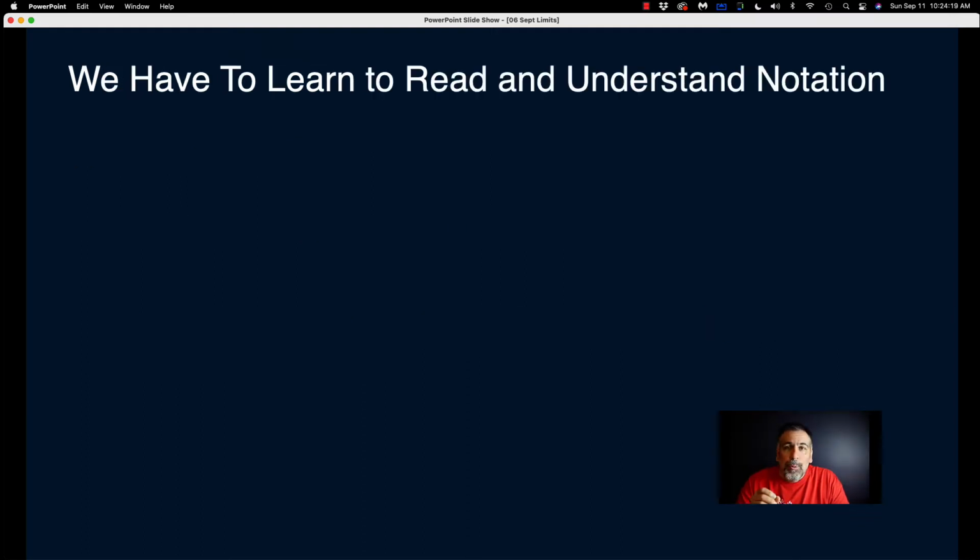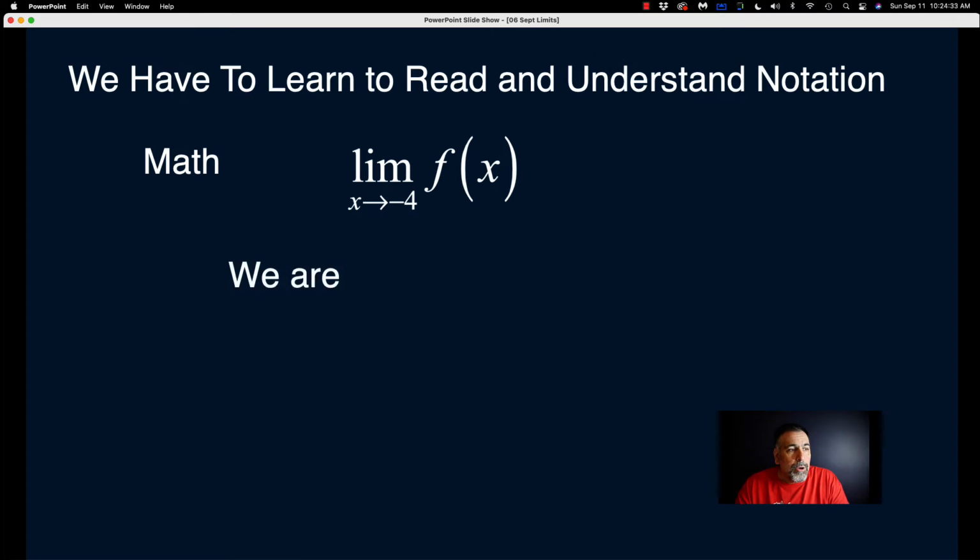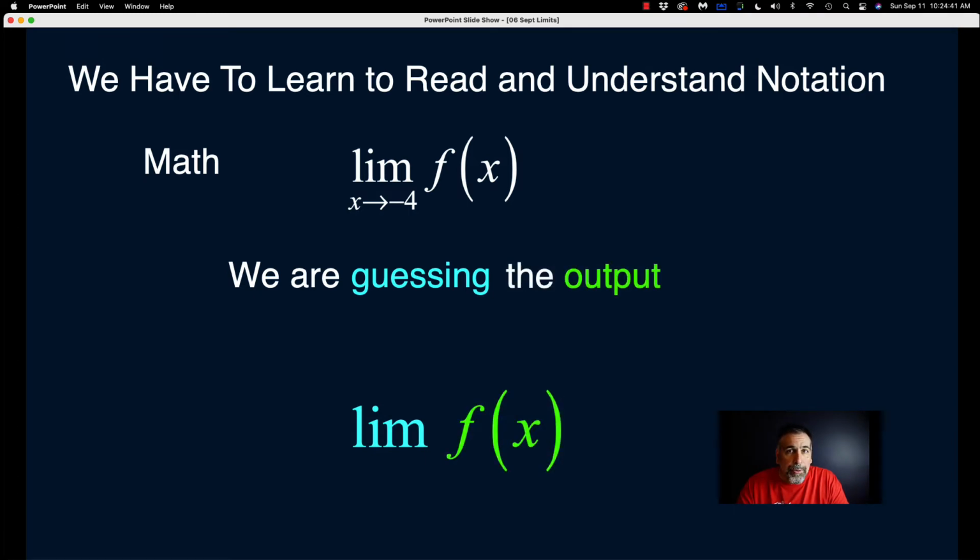So, we've got to learn to read and understand our notation. Let's take a look at how we write limits using the language of love. Here we have the limit of f of x as x approaches -4. Again, we're trying to say that this is a guess. So let's see how we would translate this. We are guessing, and that limit part means guess. Every time you see limit, you're taking a guess. So we're guessing the output of our function.